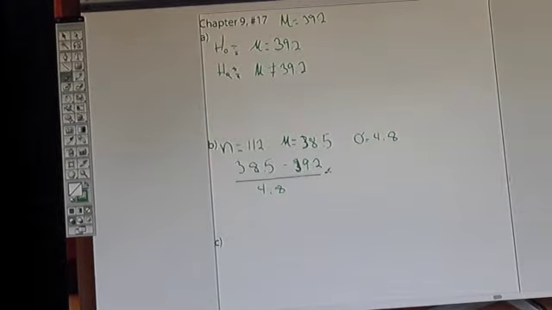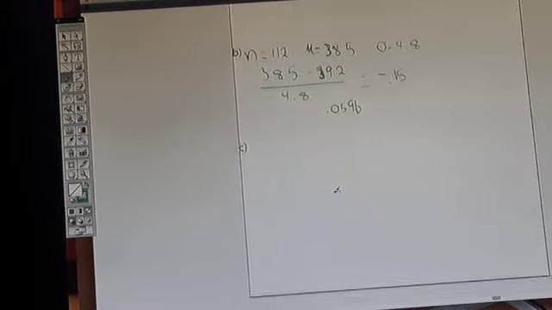And this gives you a z-score of negative 0.15. When we look at our z-score chart, we find the p-value to be 0.0596. And we will need that for part C.